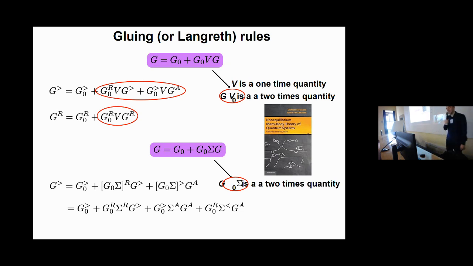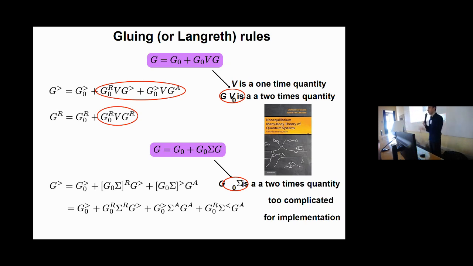So this would be the Dyson equation for the greater Green's function, and a similar one for the lesser Green's function. Nothing would change for the retarded Green's function, always written in terms of retarded quantities only. Now, completely agree with you. It's too complicated for implementation, this equation. Absolutely, no doubt, okay? But that's what it should be when you are out of equilibrium and at finite temperature.